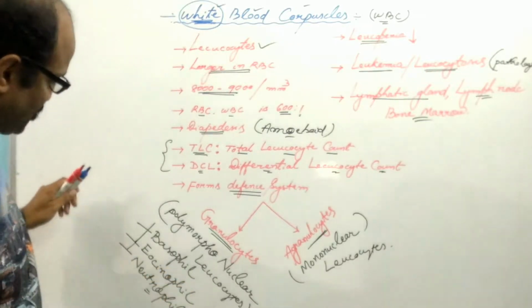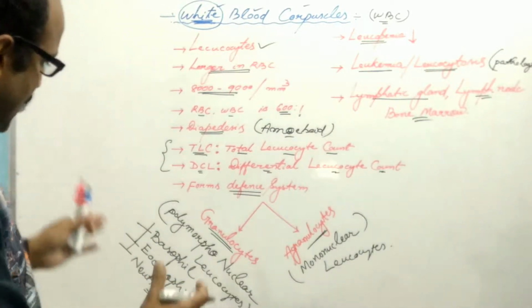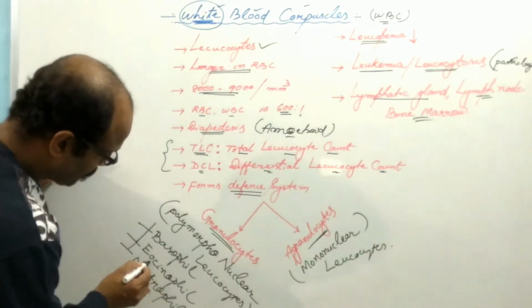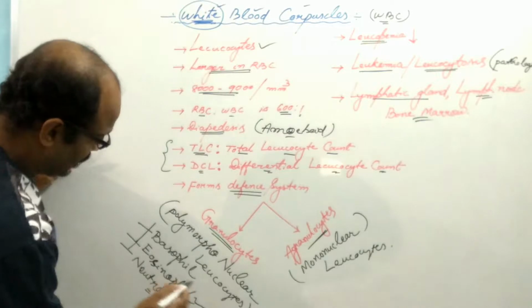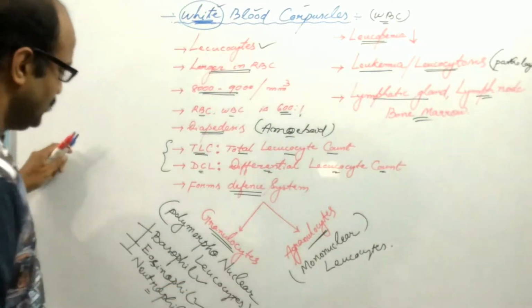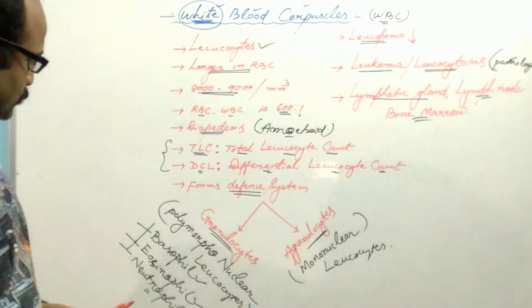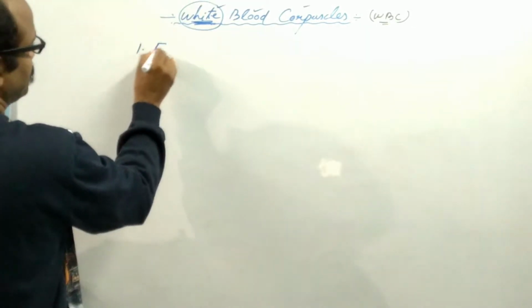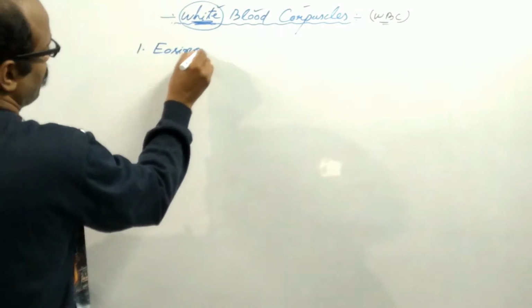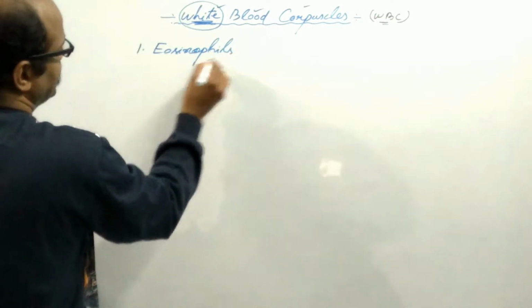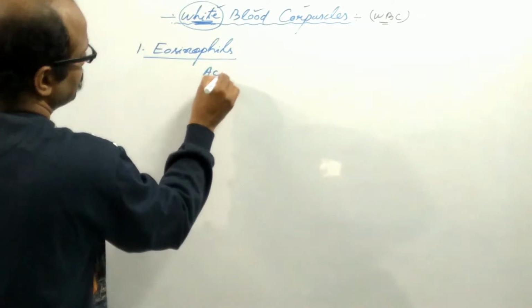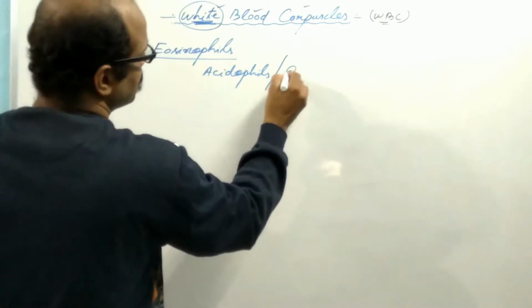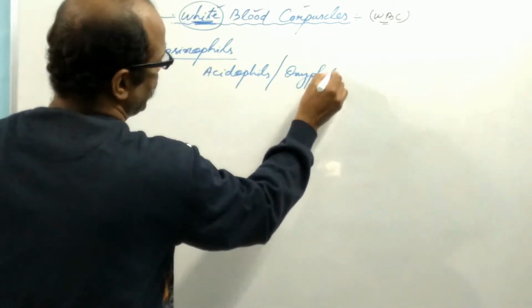So on the basis of the staining behavior, these are three types: the eosinophil, basophil, and the neutrophil. So first come to the eosinophil. Eosinophils are also known as acidophil or oxyphil.